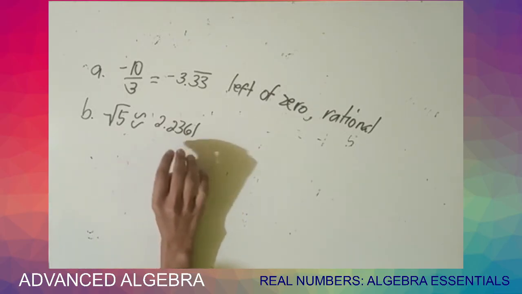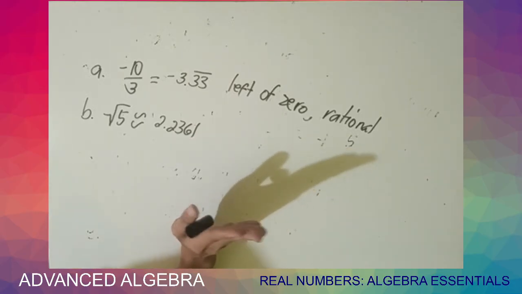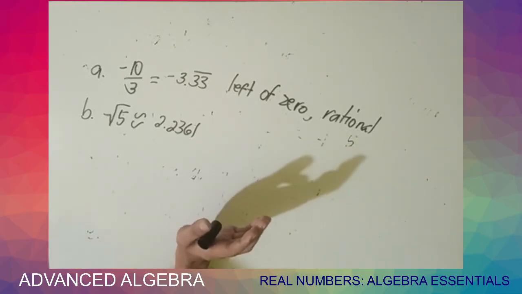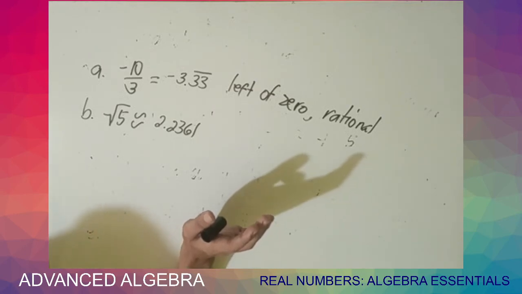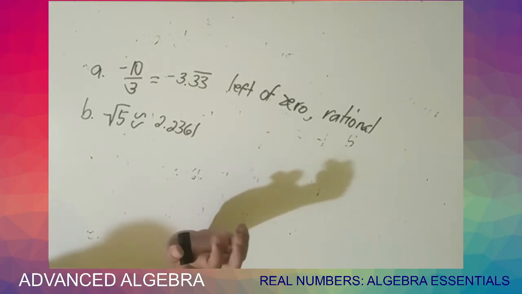So it lies to the right of 0. It is on the right of 0 because our answer is greater than 0, which is 2.2361. Okay?